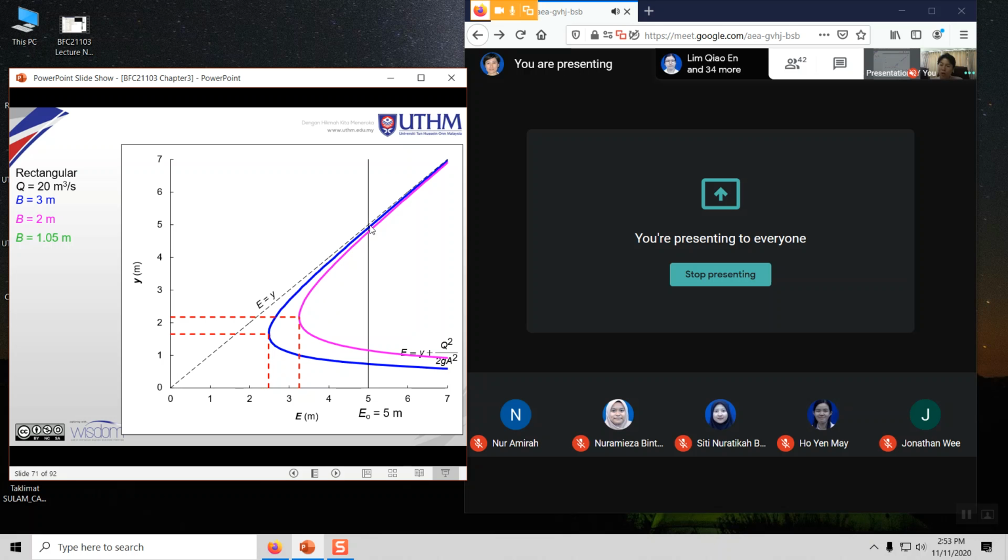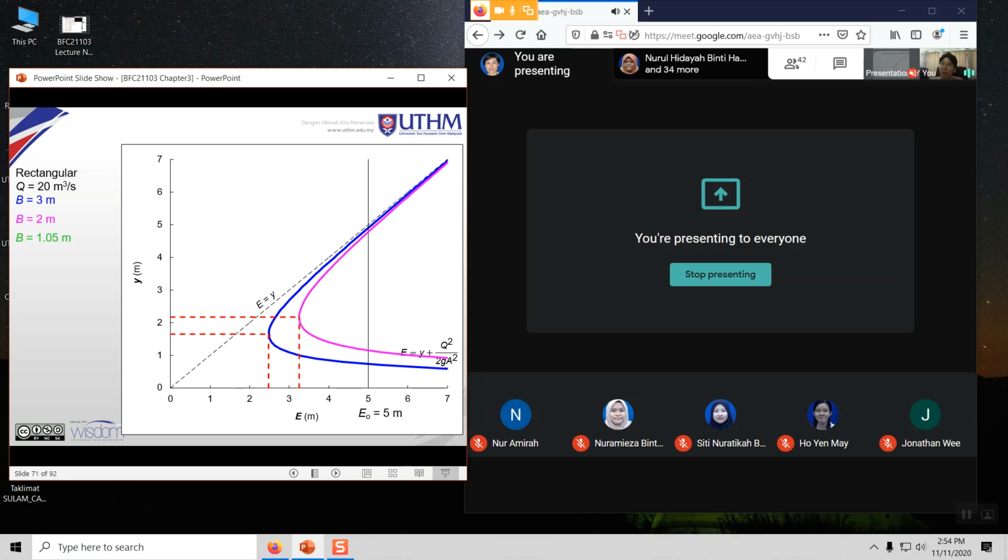But at location 2, your Y2 you need to read from the purple line or pink curve. Because due to the change in your B, it would have a new specific energy curve, which is the pink curve. So therefore, the q that you are using to get your Y2 is based on the pink curve.